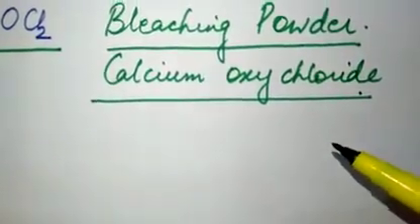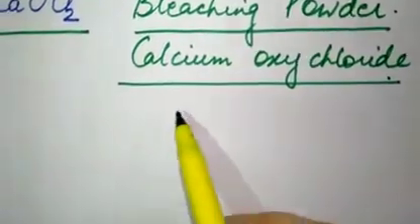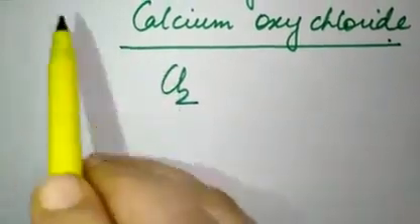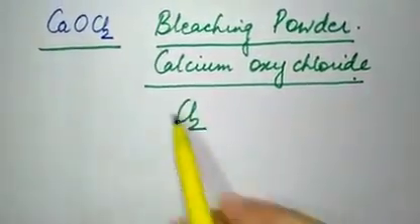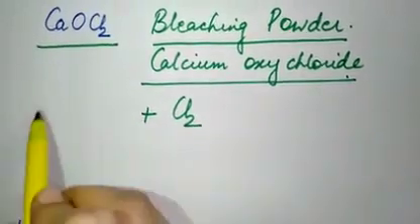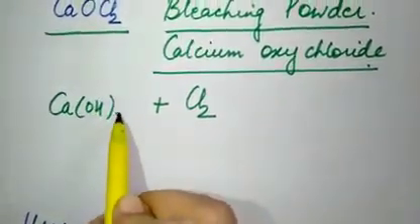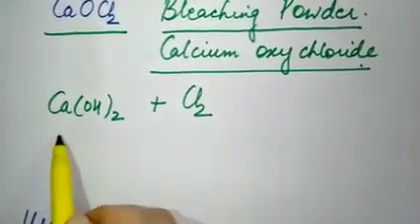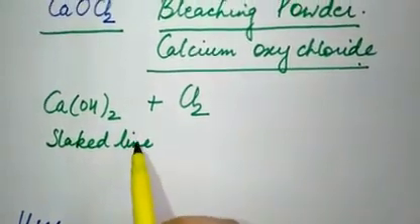We got chlorine as a product in the chlor-alkali process, and that chlorine will be used for making this calcium oxychloride. Now let us see the reaction. We take here calcium hydroxide. Earlier also I have told you that the common name for this is slaked lime.